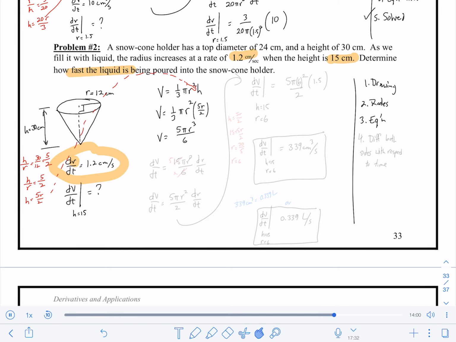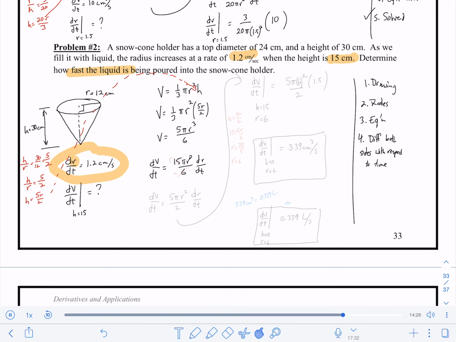Then the next step is we're going to differentiate both sides with respect to time. So I guess I can fit that in under here. dV/dt is on the left side, and then 15 pi r squared over 6 dr/dt.